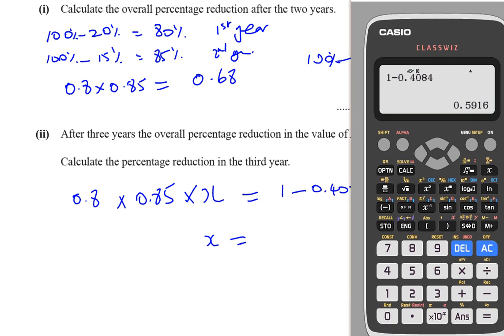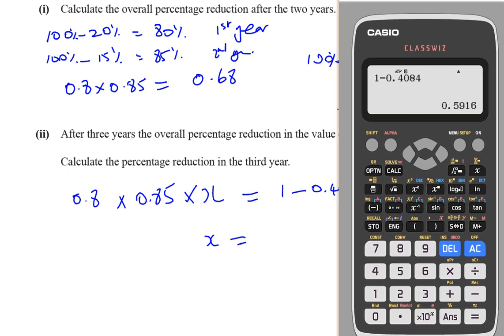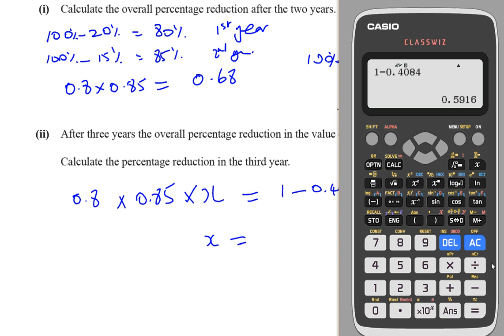That's what it is of the original value. And if you divide that by 0.8 multiplied by 0.85, close the bracket, that gives me 87%, basically 0.87.